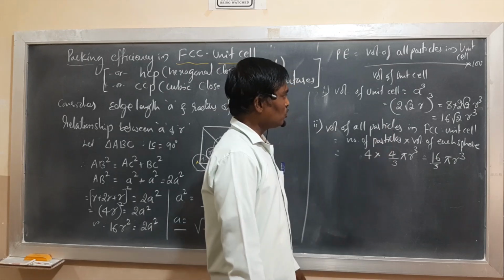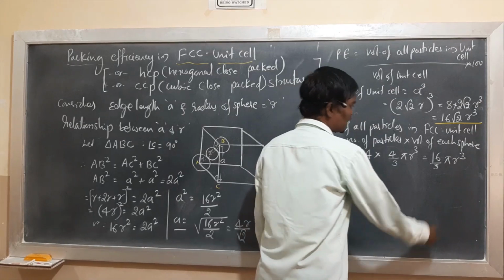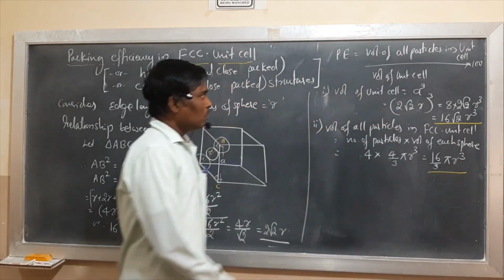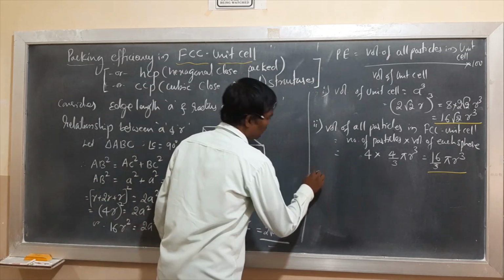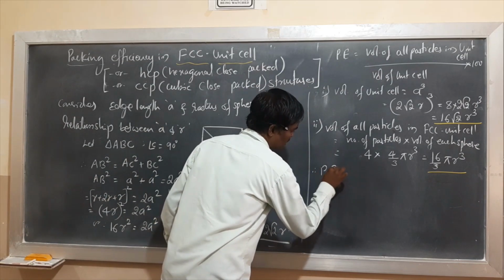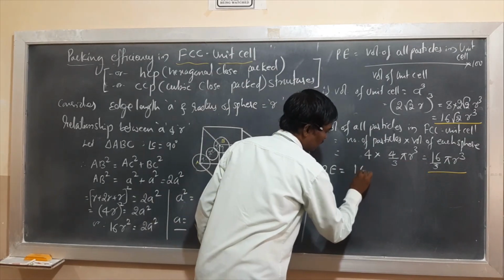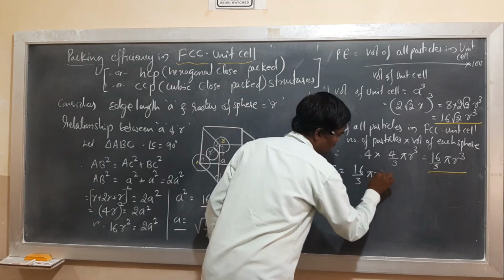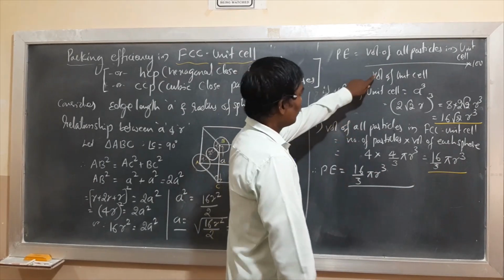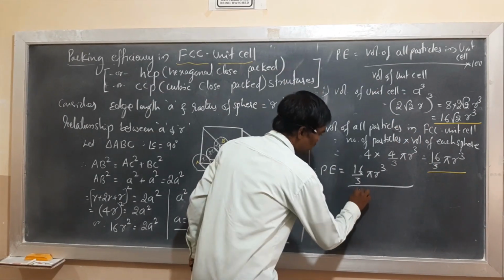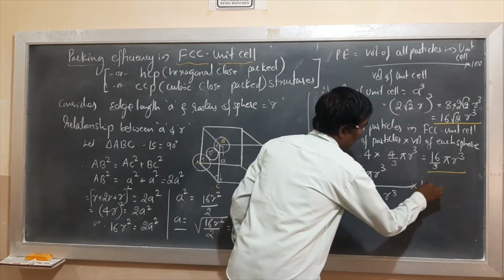Now substitute these two in the above equation. That is the volume of unit cell and volume of all the particles in the unit cell and calculate the packing efficiency. Therefore, packing efficiency is equals to, okay, numerator it is 16 by 3 pi r cube divided by volume of unit cell is 16 root 2 into r cube multiplied with 100.